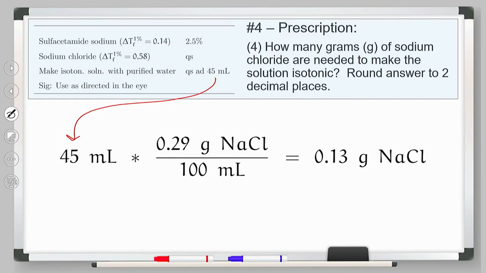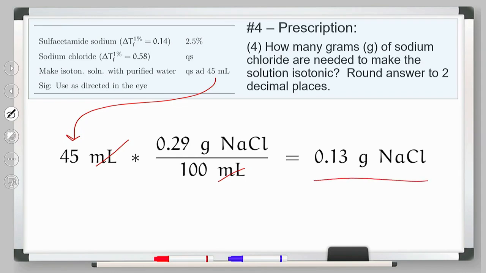And this is why that whole chapter 6 was important. When I say 0.29%, that's 0.29% weight per volume, that's 0.29 grams of sodium chloride per 100 mils. That's the concentration we just calculated. So if I multiply that by 45 mils, mils cancel, and I solve for the weight of sodium chloride.